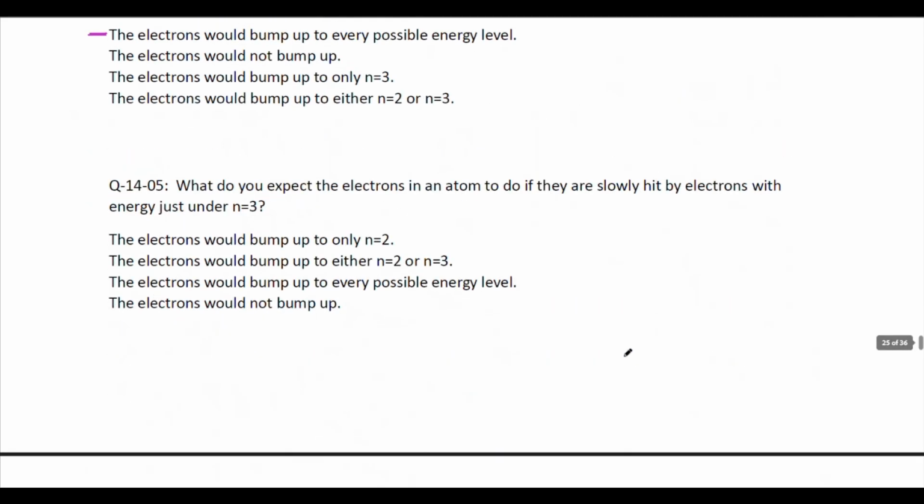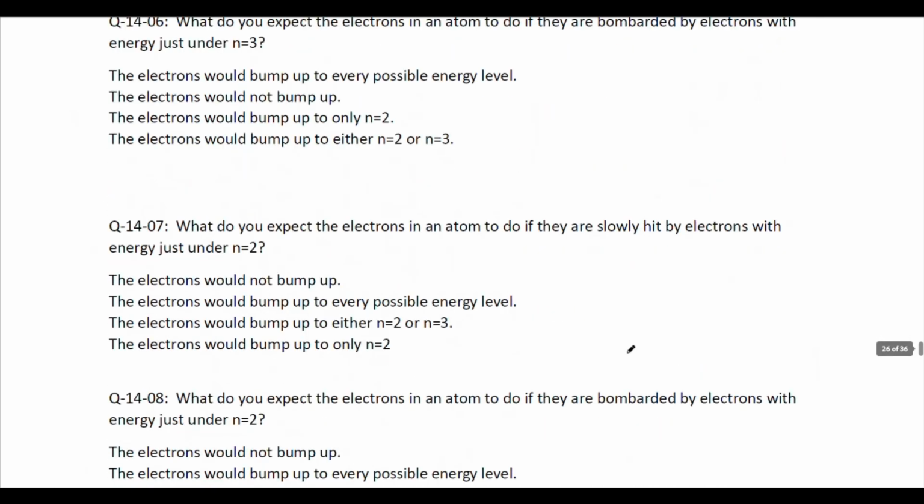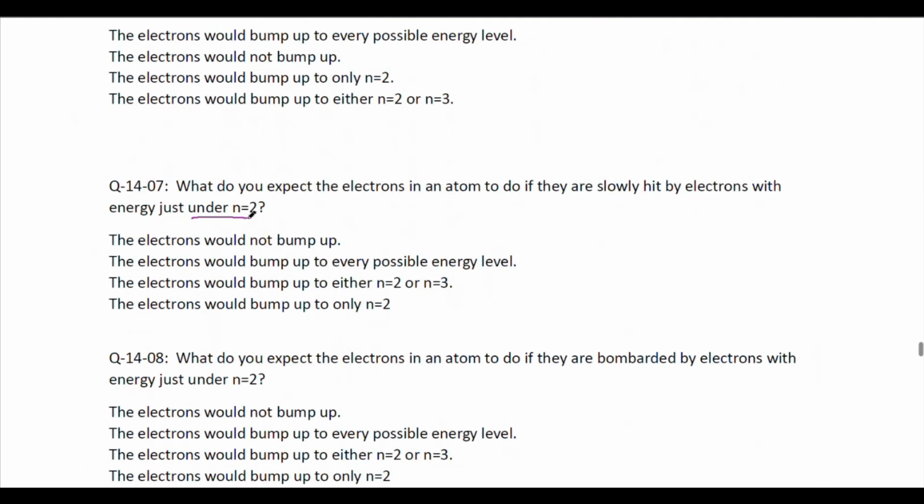Something to keep in mind: if you are under n equals 2, then that means you never had enough energy to make anything happen. So it doesn't matter. If you're under n equals 2, that's always just a no. You have to be able to get to an excited state before you combine and have multiple excited states.